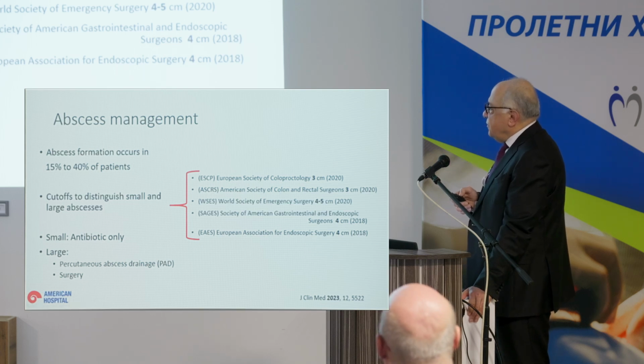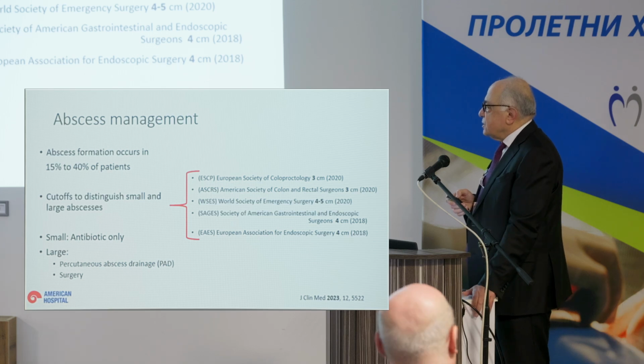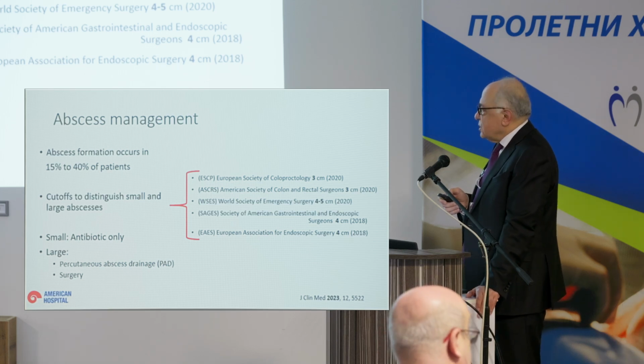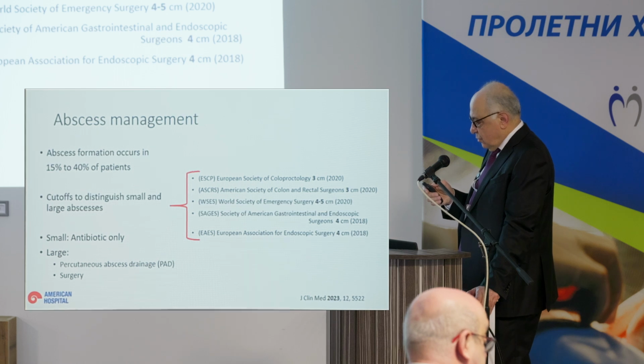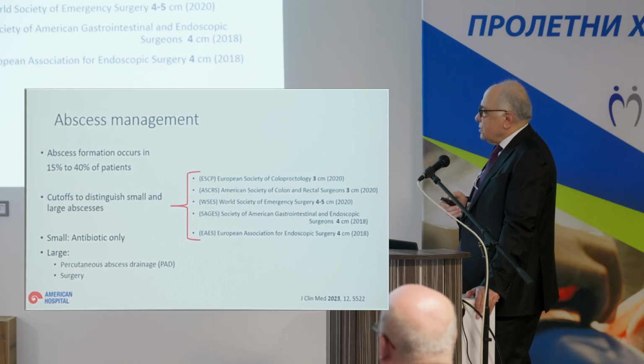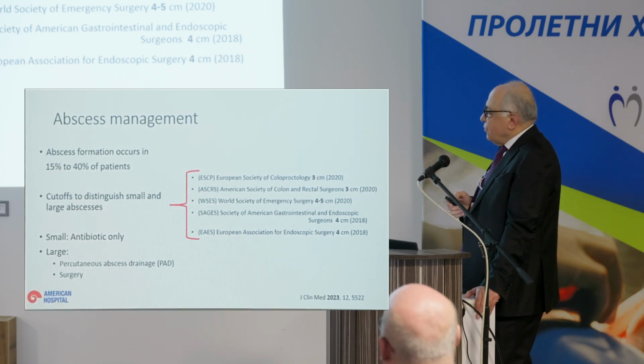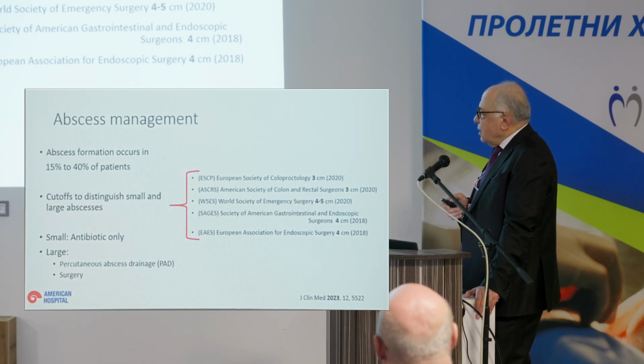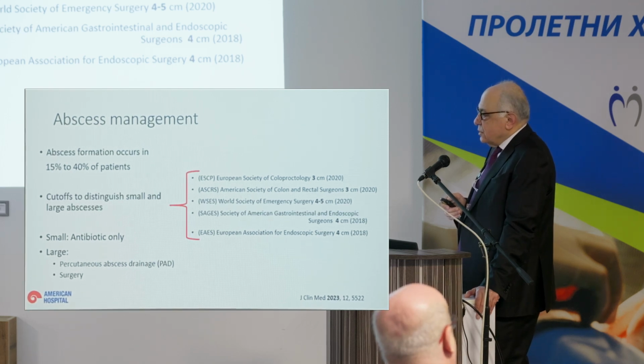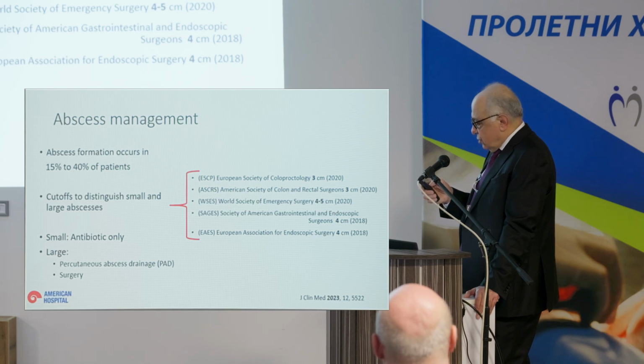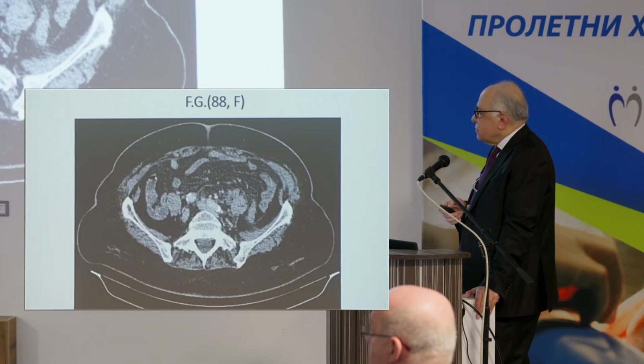But if you believe that the abscess is small, antibiotic use is enough to treat this complication. But if the abscess is larger than 4 or 5 centimeters, we should do percutaneous abscess drainage or surgery to treat this complication.